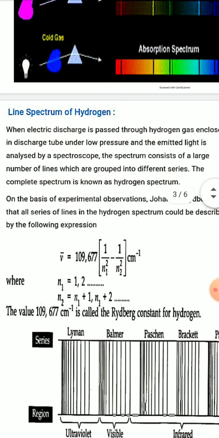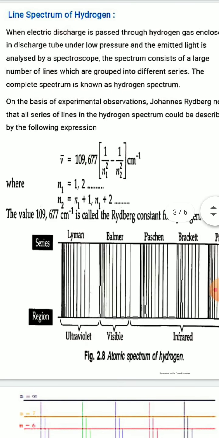Now, the line spectrum of hydrogen. I have told that the line spectrum of any element is one type of emission spectrum. And how to get the line spectrum of hydrogen? You have to take some hydrogen gas in a discharge tube, and then pass current or electricity through the hydrogen gas. There are lots of hydrogen atoms, and all hydrogen atoms become excited.